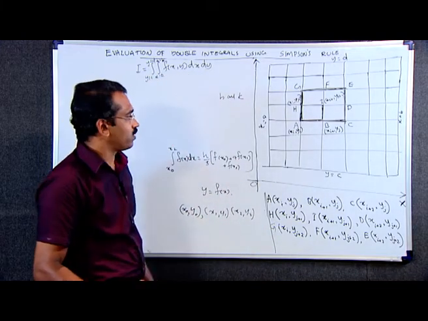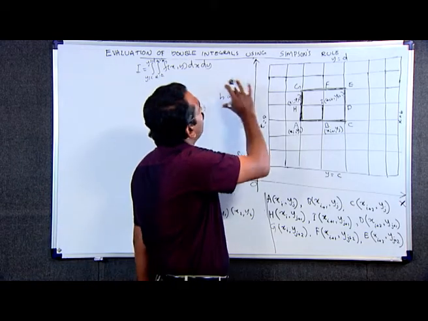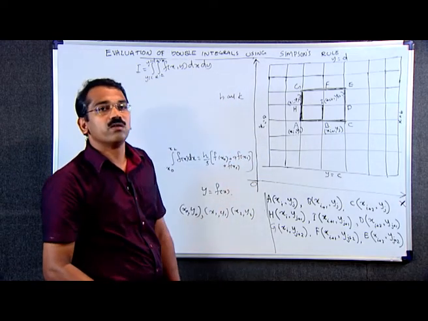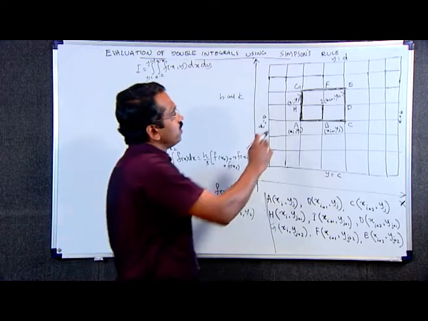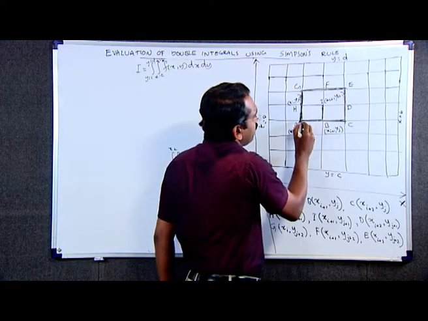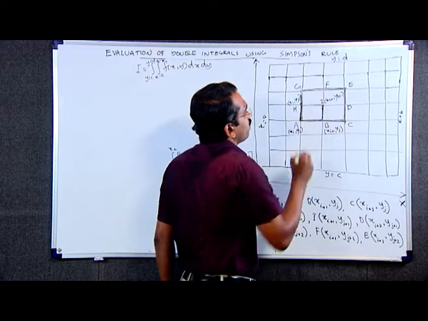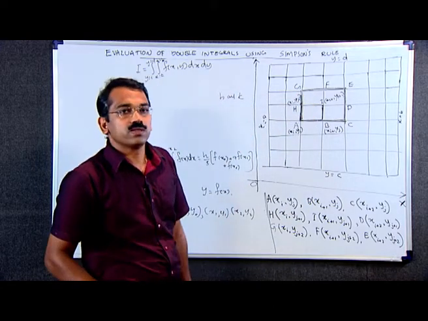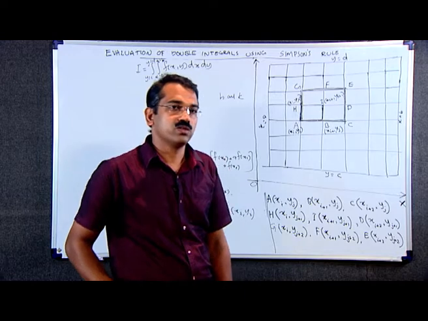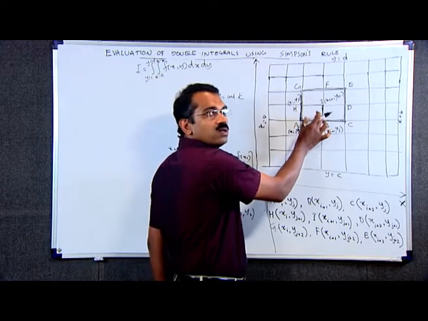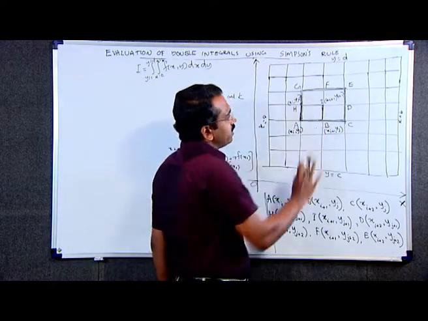Now, in order to evaluate this double integral, we have to consider this rectangle A, C, E and G, because Simpson's rule cannot be applied to one sub-rectangle like AB, IH.